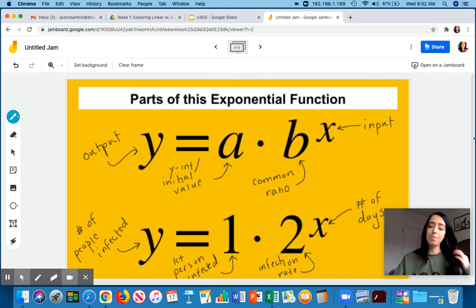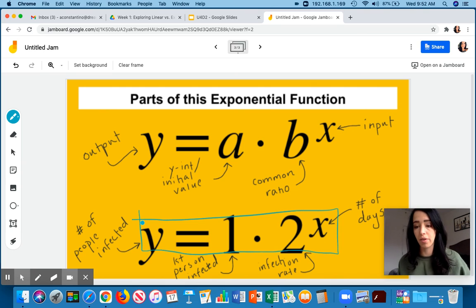All right. And then last but not least, we looked at the parts of an exponential function on Tuesday, but I wanted to show you this. This is our equation for the model that we just saw with the pandemic, right? We start with one person being infected on day 0. It's the very beginning of the pandemic. Then that one person, right, infects another.